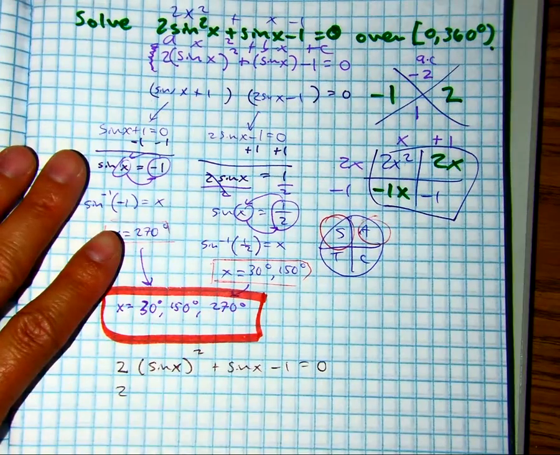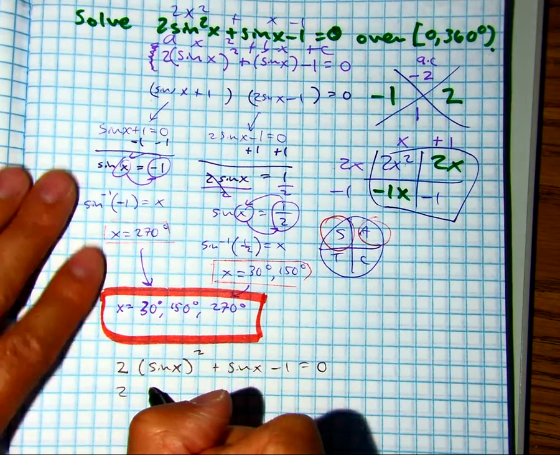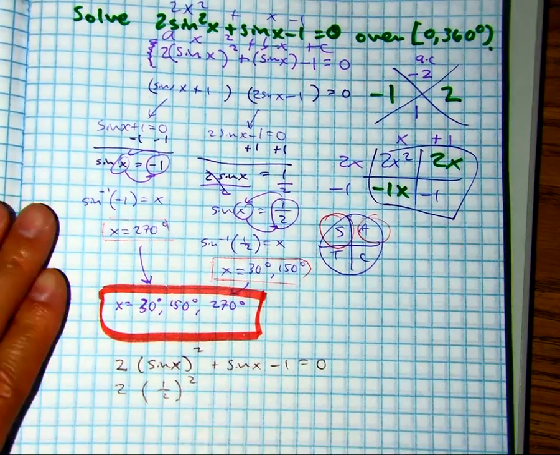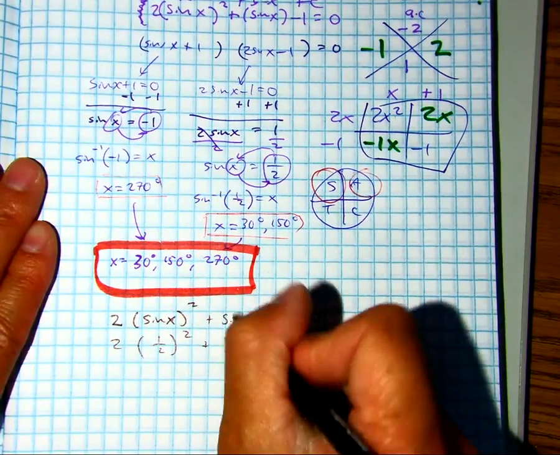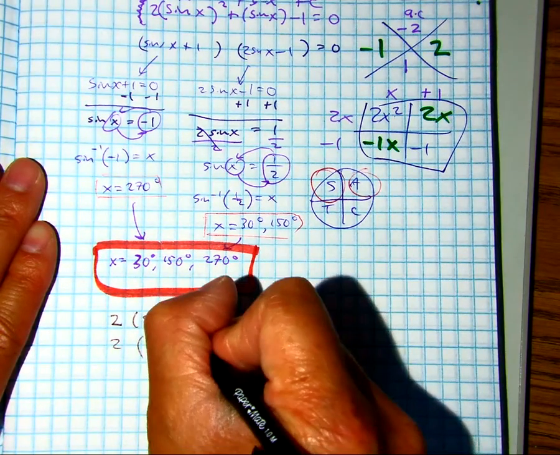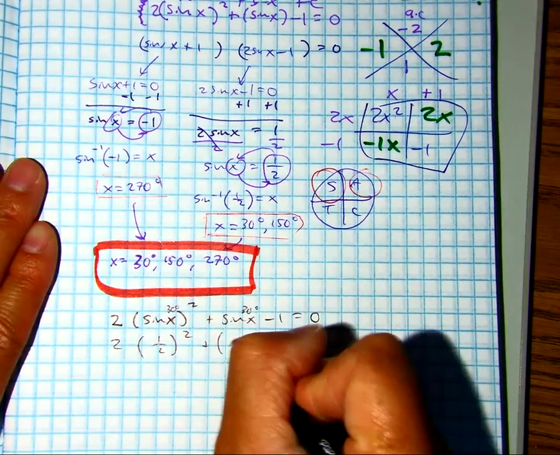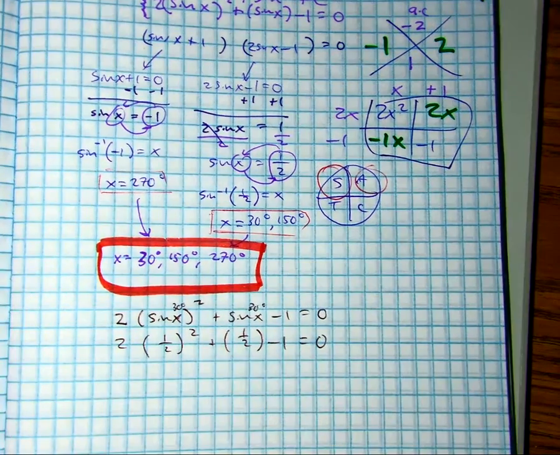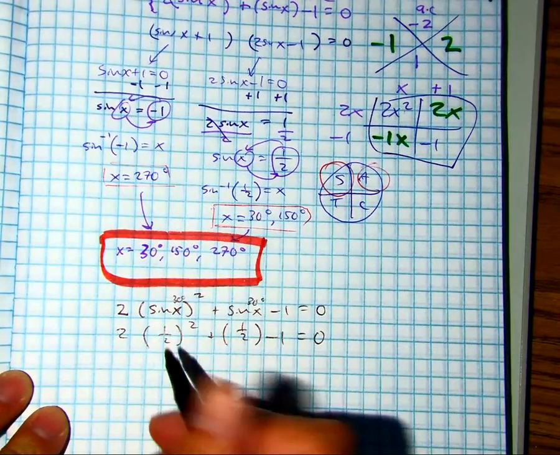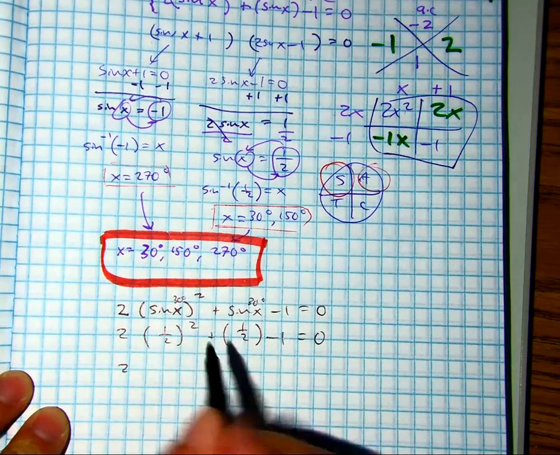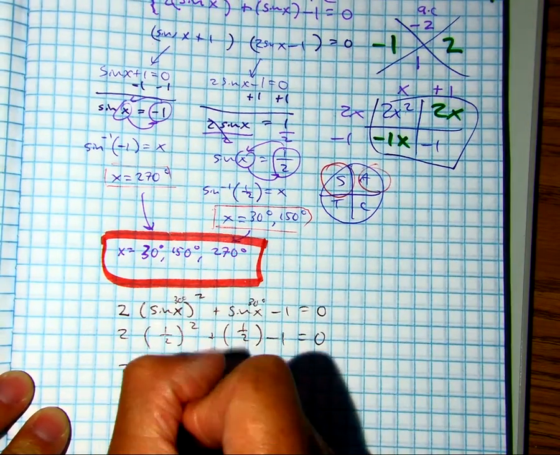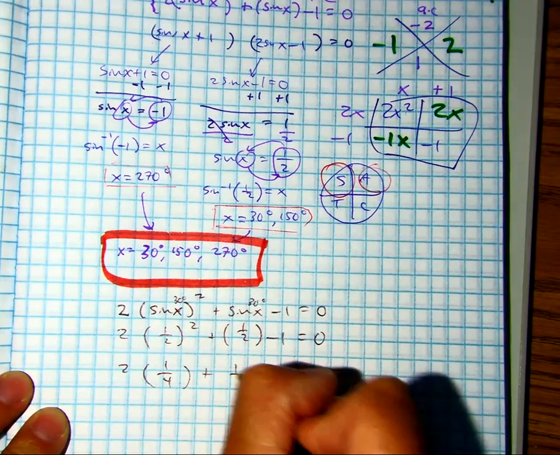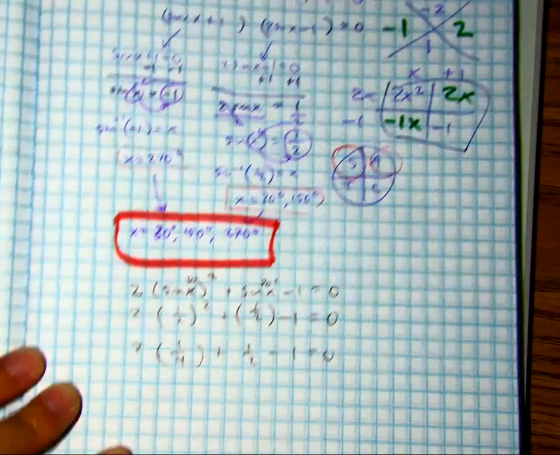Class, at sine at 30, what is our answer? 1/2. And we said sine at 30 is 1/2. So I'm doing 30 degrees right now. Same thing as when you do equations. When you solve, you can check your answer by plugging it back in. Class, 1/2 squared is? 1/2 times 1/2 is 1/4. 2 times 1/4 is?